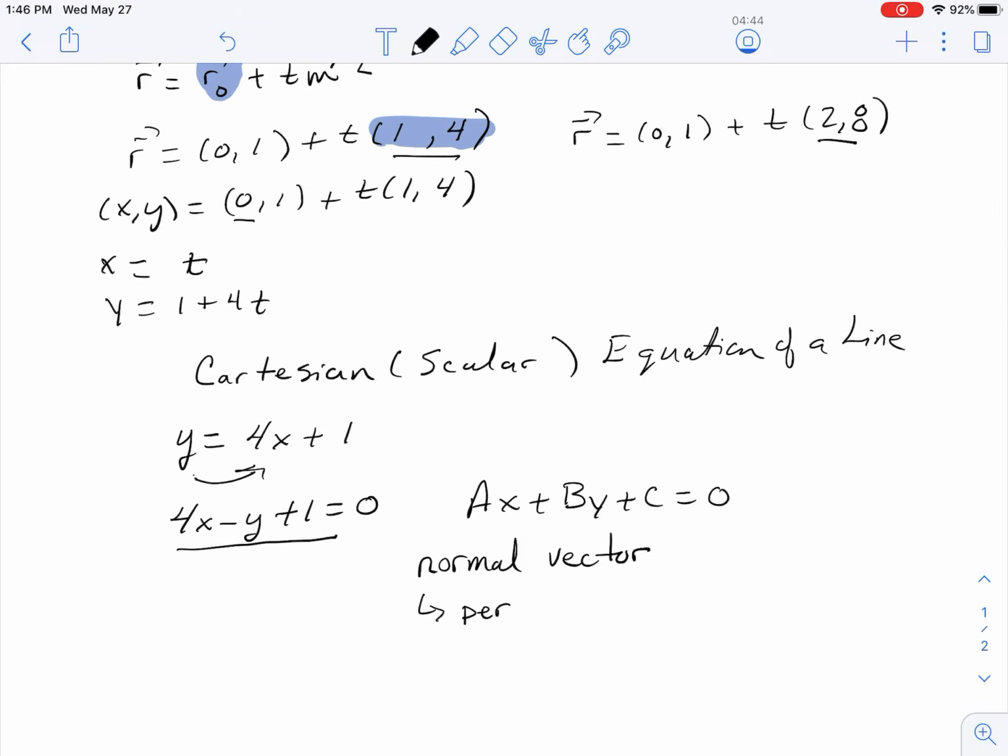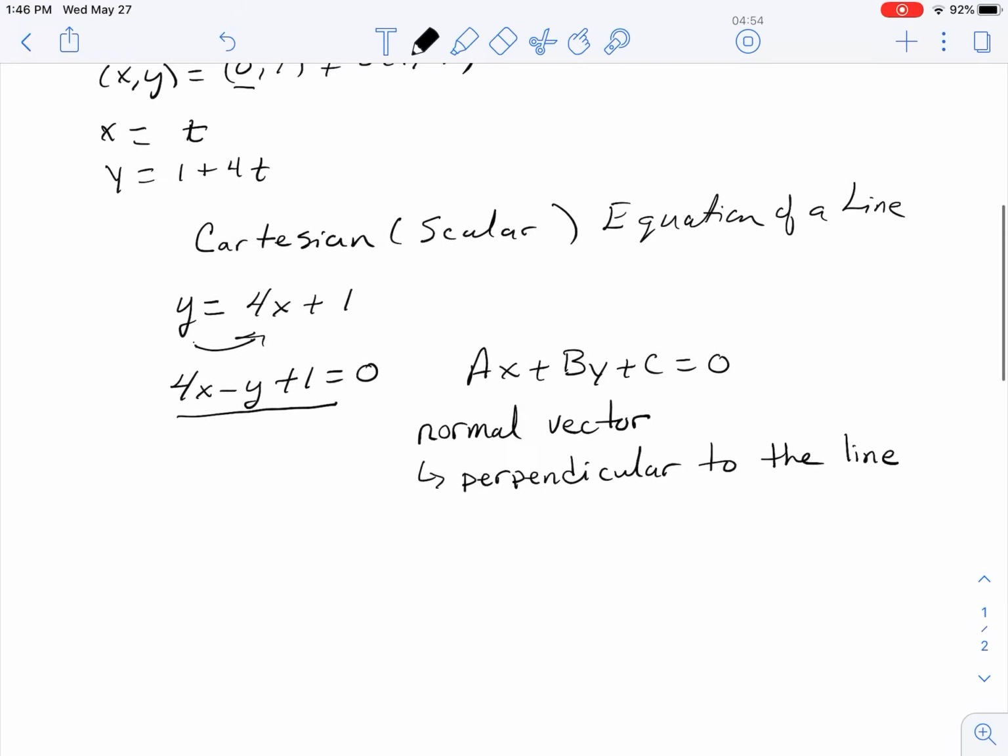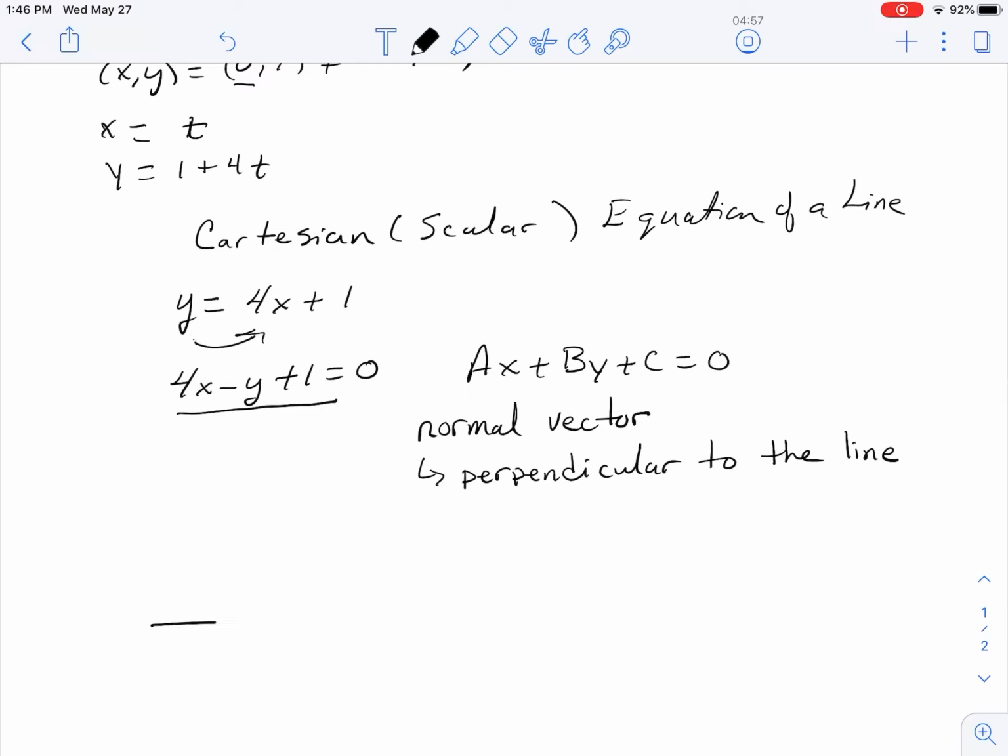So the normal vector is going to be a vector that's perpendicular to your line. So that means it's going to hit that line at 90 degrees. If I make a quick little sketch here, intercept's 1, so that'd be about here.